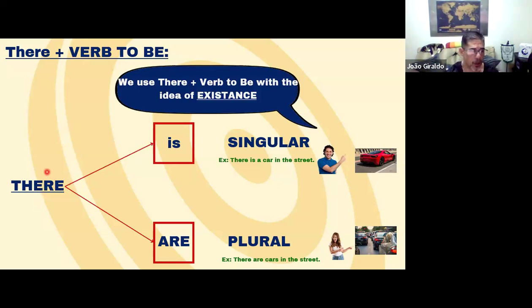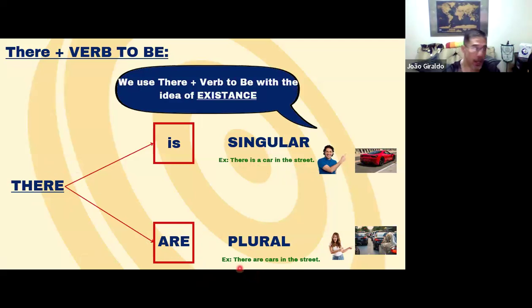So basically, we use there and the verb to be is when we are talking about something singular. Like the example, there is a car in the street. One car in the street, singular, so there is a car in the street. And if we have something in plural, we are going to use there and the verb to be are, that is the determination of plural, to indicate the existence of two or more things.